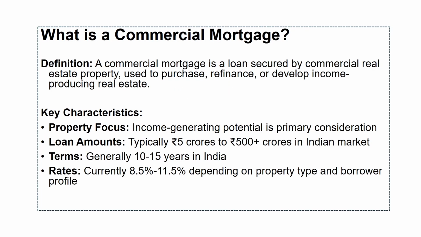So, first, what is a commercial mortgage? A commercial mortgage is a loan secured by commercial real estate used to purchase, refinance, or develop income producing properties like, for example, IT parks, malls, or hotels.